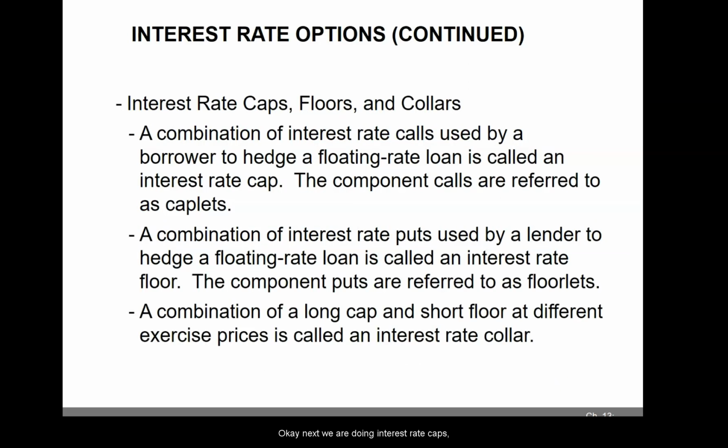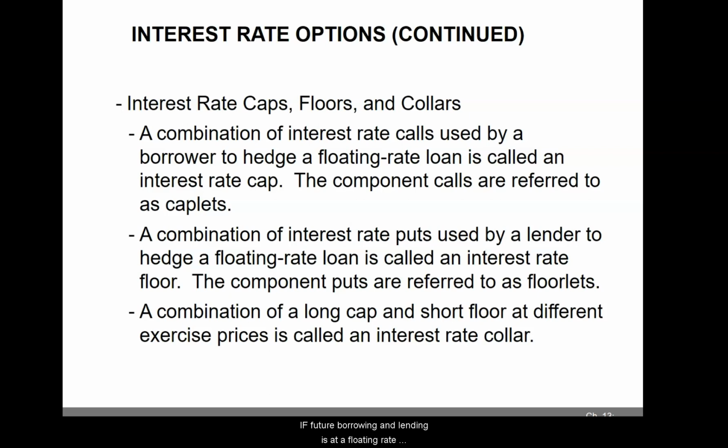Okay, next we are doing interest rate caps, floors, and collars. So far, we assume that the borrower or lender will borrow or lend in future at a given day and will pay or receive a single payment of interest at expiration of the loan period, when they will also be receiving the principal amount or paying the principal amount.